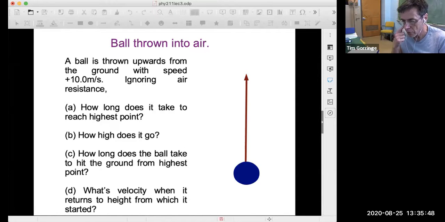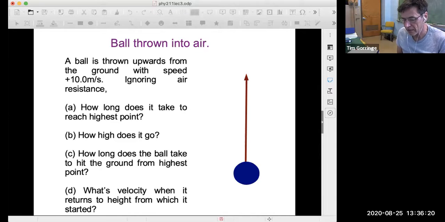Anyway, the question asks us to figure out, given the object was thrown up with a speed of 10 meters per second, how high does it get? And how long does it take to reach the highest point? Those are the first two questions. So how high, how long? And then there's a second pair of questions. I'll leave these for a bit later. How long does the ball take to fall back to the ground from the highest point?